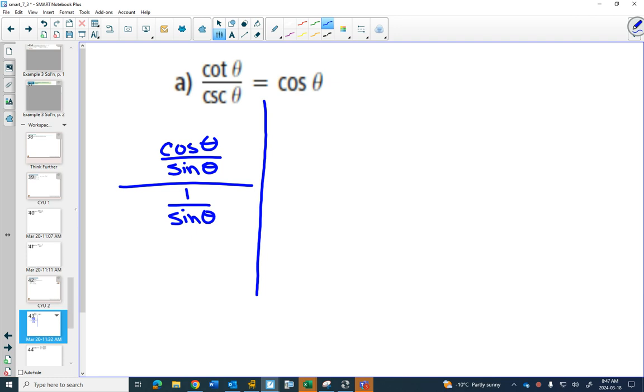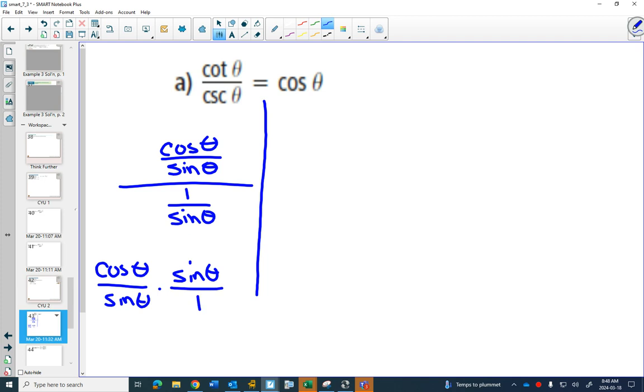So I use my toolbox, the things that I already know, and I change everything to sine and cos. It's very important that you have all of your known identities and definitions memorized, because you're going to need to use them often and quickly in a proof. So knowing that cotangent is cos over sine and cosecant is 1 over sine, now I have a fraction divided by a fraction, so that's the same as multiplying by the reciprocal.